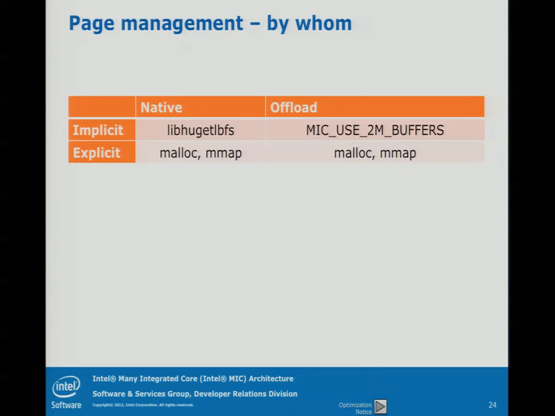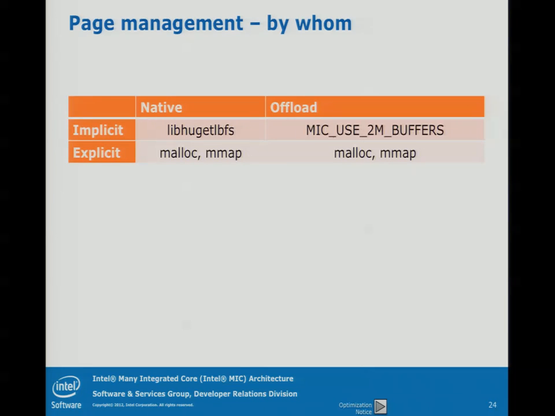Okay, and in the explicit model, when you're working natively, you can use malloc and standard memory mapping techniques to tell the operating system to place your data into 2 megabyte pages when you touch it. Okay, so the reason why you can split it up is when malloc starts and actually allocates memory, it just returns a pointer, but the data hasn't been allocated. So you can try that on your Xeon if you want.